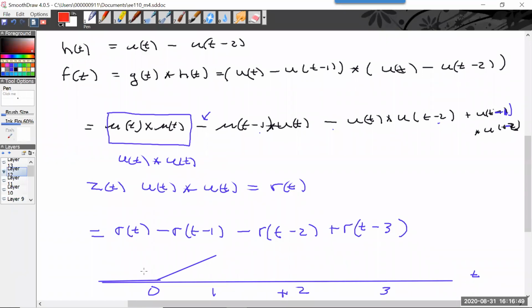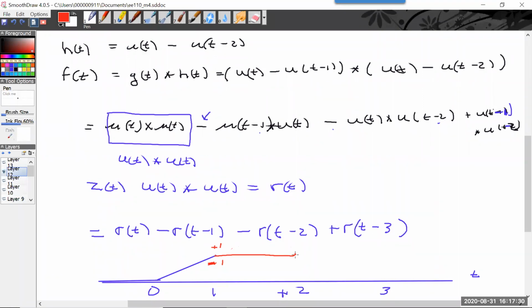All right, but then at this point, I have a plus 1 slope, but I also have a minus 1 slope, so it flattens out. And then here, I still have a positive and I still have a minus, so I'm at a neutral slope.